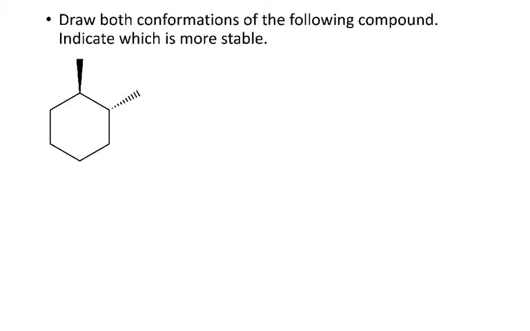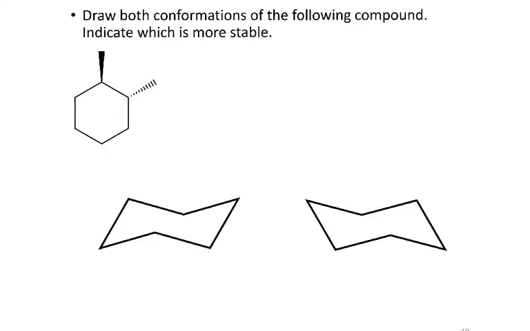All right, so let's look at another example. So I've got a disubstituted cyclohexane. I've got two methyl groups. The first one is up and the second one is down. Now I'm going to cheat. I've got my skeletal structures. And so if I'm going to put these in, again, I always start by making this one 1, this one 2, 3, etc. And I'm going to put the first methyl on 1 and the second methyl on 2.